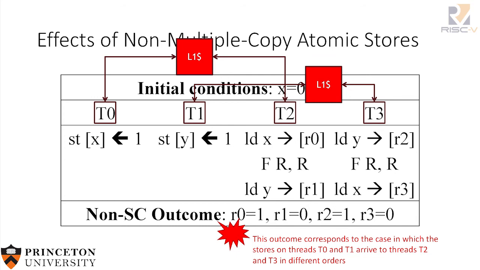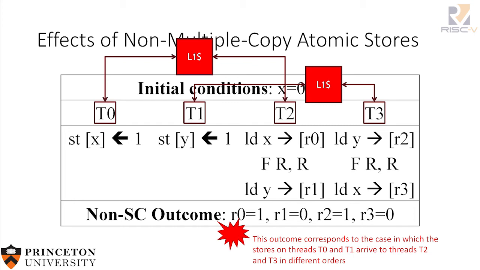So I'm going to just give a quick example of the effects of these non-multiple copy atomic stores, and then I'll give our reasoning for why we think that RISC-V should permit these to be implemented in RISC-V designs.